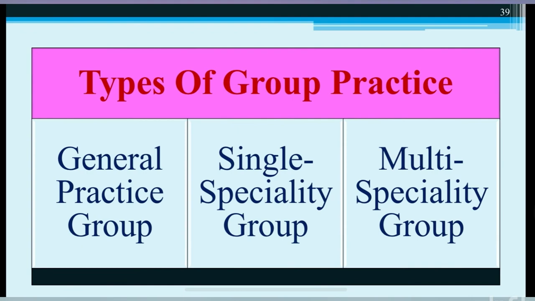The multi-specialty group includes people from different specialties. For example, dentists along with general medicine people and ophthalmology people basically form a multi-specialty group by their mutual understanding and agreement.